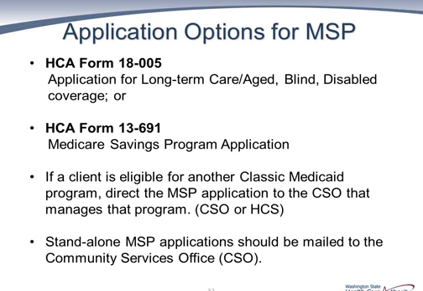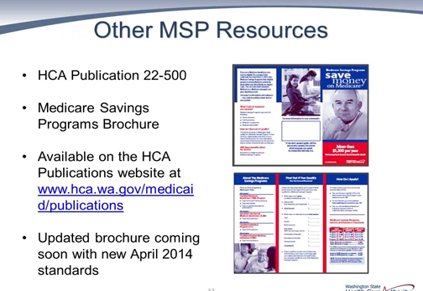So then the next slide just gives a resource. There is a publication that talks about the Medicare Savings Program. So if you're working with individuals who are eligible for Medicare, you can always order this publication. It helps an individual ballpark whether they might be eligible for the program.